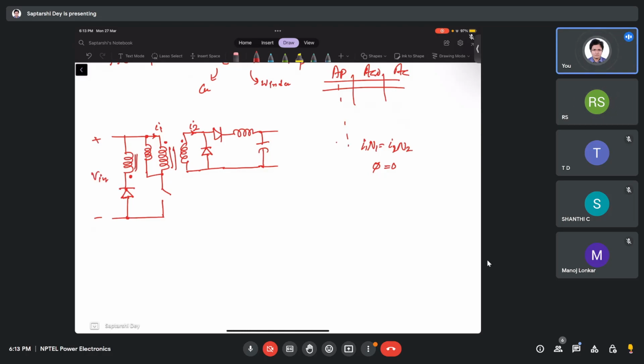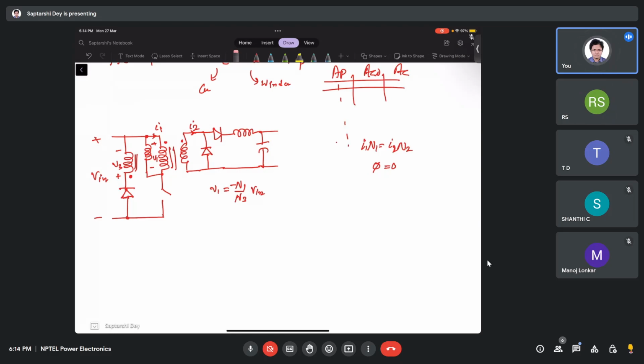Now if there is a reset winding, then the voltage that is coming here, if I write this as V1 and this one as V3, then V1 is minus N1 by N3 V in. So the voltage that is coming across the primary is this much.